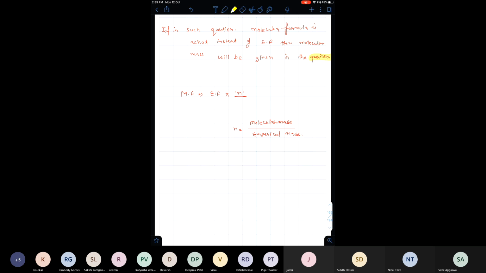So first calculate empirical formula and make empirical mass. Molecular mass is given in the question. Calculate N, put this value of N here, and you will get molecular formula. Understood?